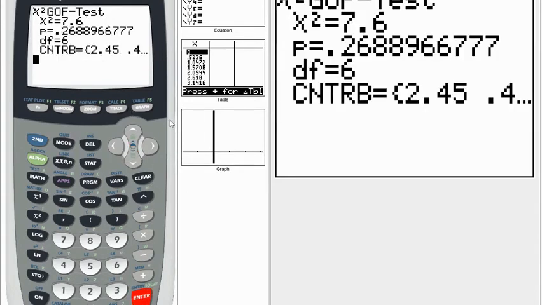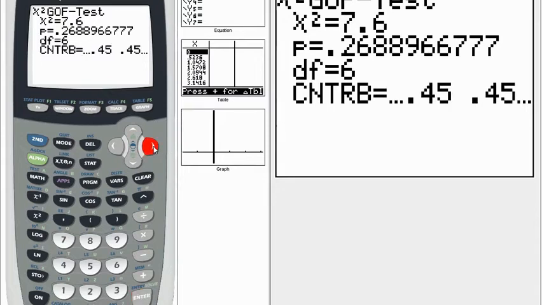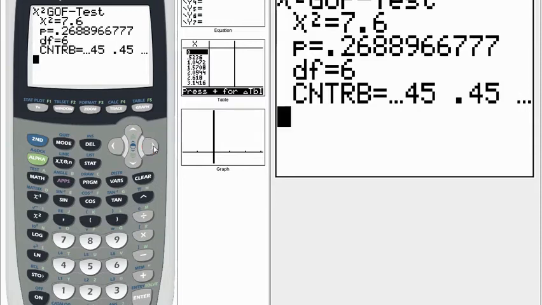And so it gives me my contributions. However, it's very tricky to see the contributions by scrolling to the right. It's hard to see the numbers and keep track of which ones they are.